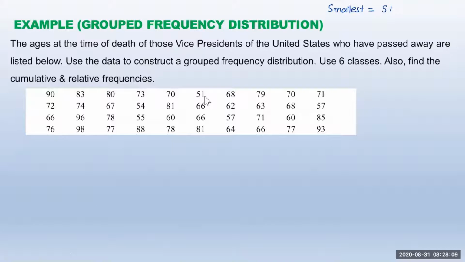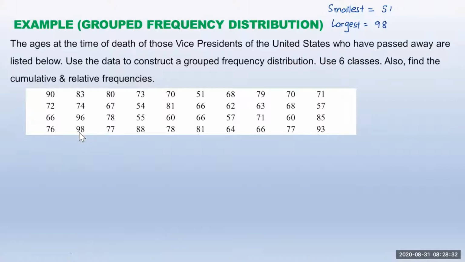If you look at the largest data value, let's observe the data here. We can see that the highest data value here is 98. We don't have anything greater than that. So that is the smallest and the largest data value.